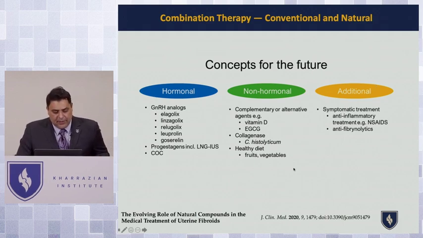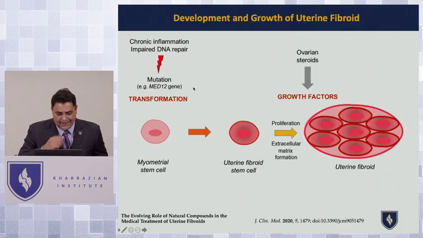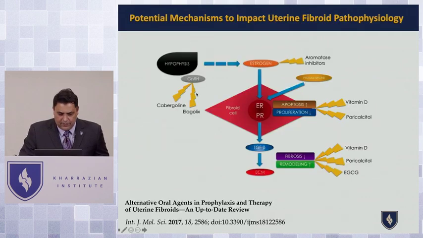In this paper that was published, The Evolving Role of Natural Compounds in the Medical Treatment of Uterine Fibroids, they talked about what has a lot of potential based on mechanism: vitamin D, EGCG, which is the main component of green tea, fruits and vegetables, an anti-inflammatory diet, and several medications.